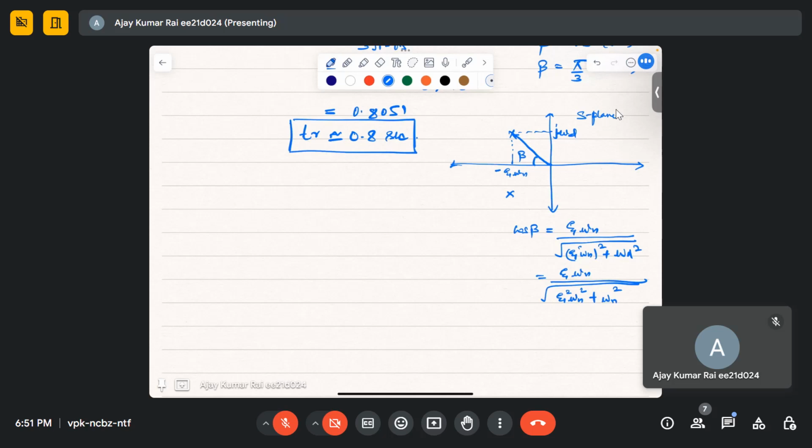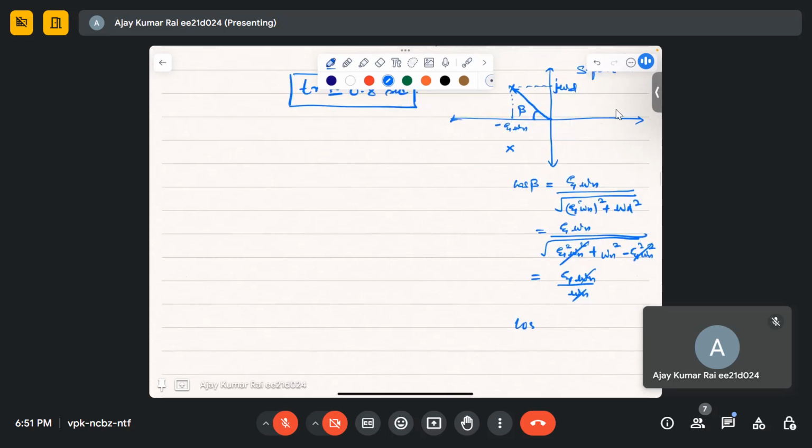If you write omega n root of 1 minus zeta square whole square, and do the square, this will get cancelled. So that's why cos beta was zeta.